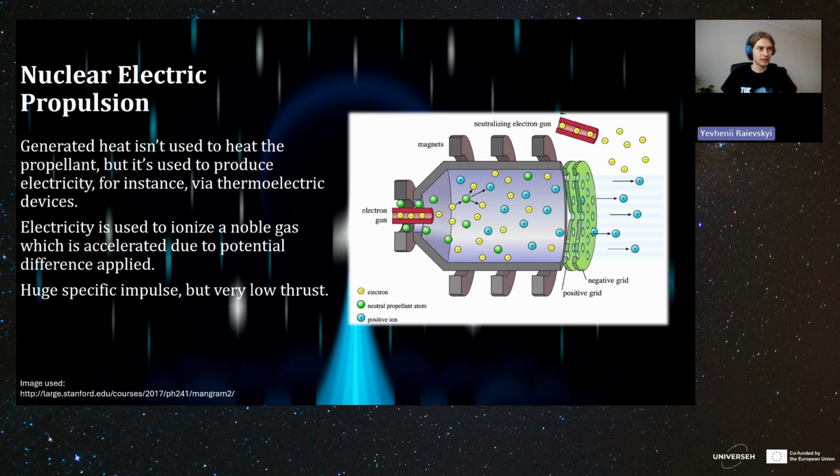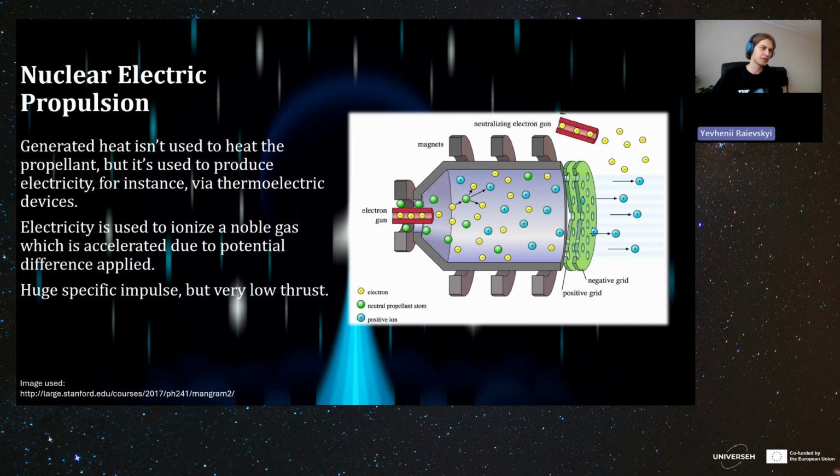And this electric energy we receive from converting the heat from the nuclear core is then fed into electric propulsion devices, which expel a propellant at very high speed to produce thrust. It's expelled, of course, here through the nozzle. There's an electron gun where you have those neutral atoms.